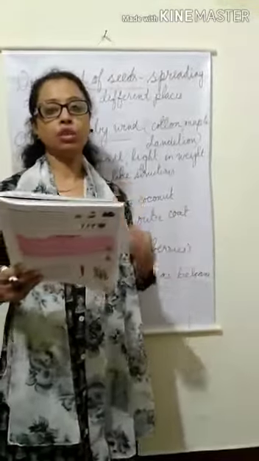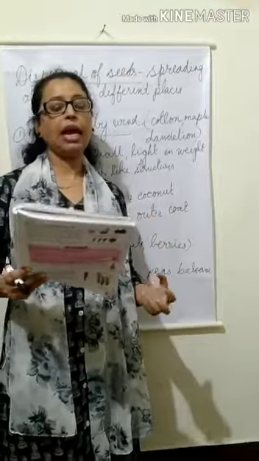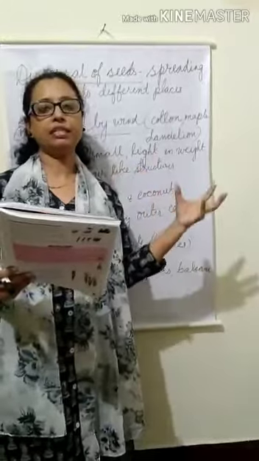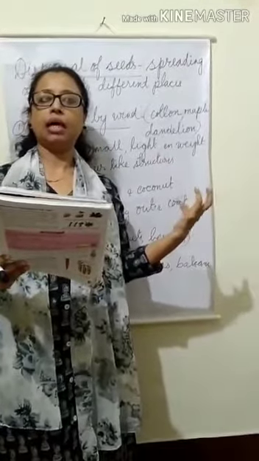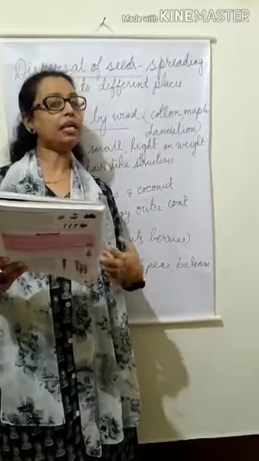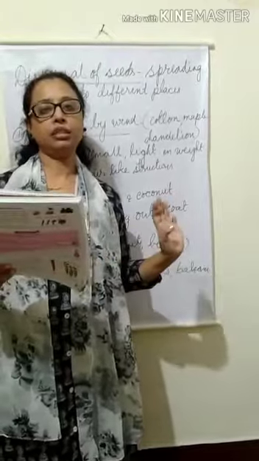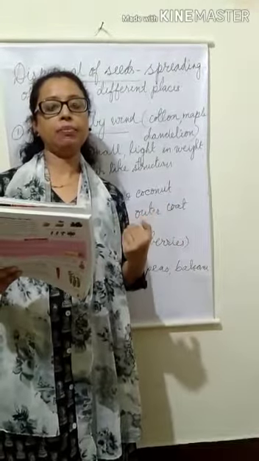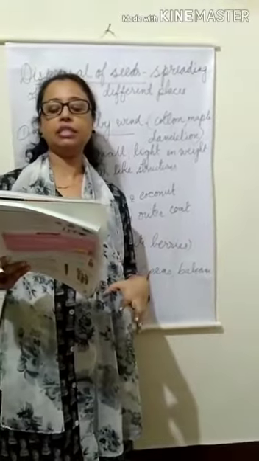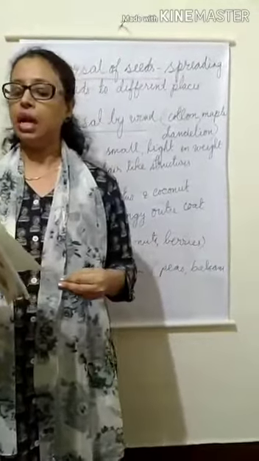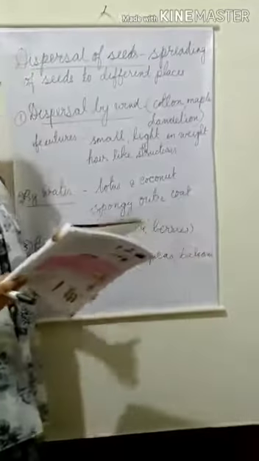Some seeds have hooks, and these hooks stick to the bodies of animals, and when they travel to different places, the seeds fall off. Some animals and human beings eat the fruits and throw away the seeds, and some animals eat the fruits along with the nuts, so the seeds pass through the digestive system and get dispersed in other areas. Examples are nuts and berries.